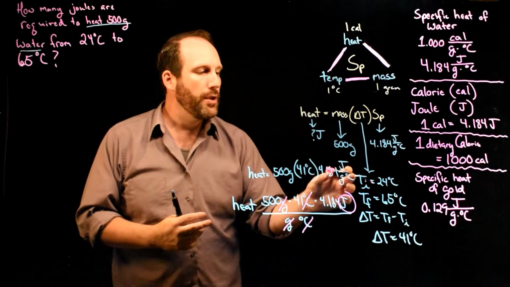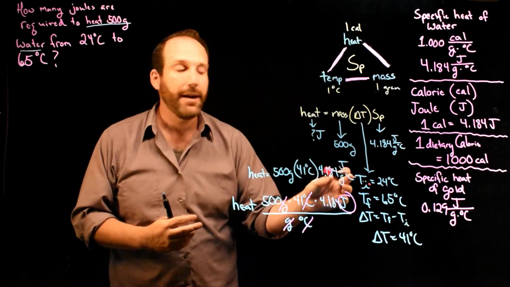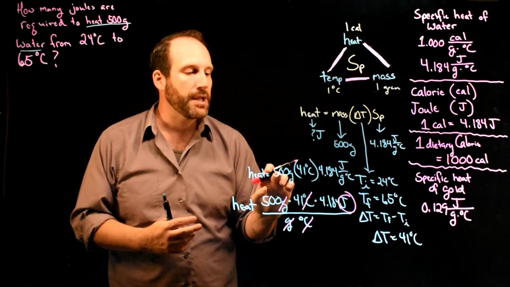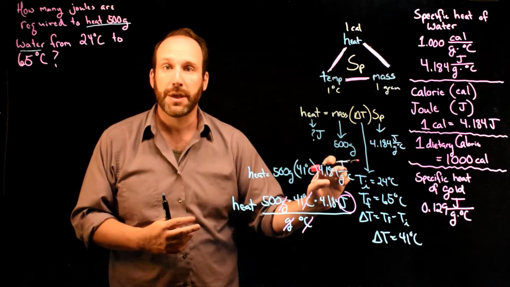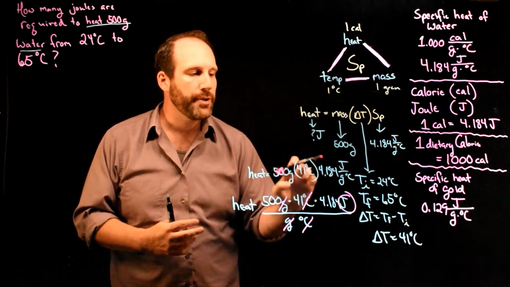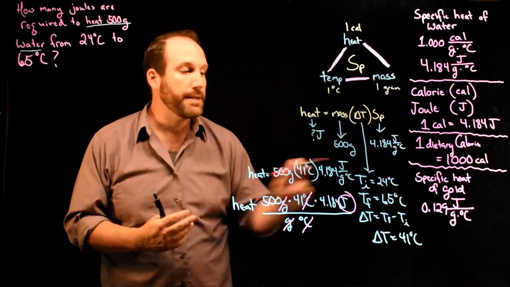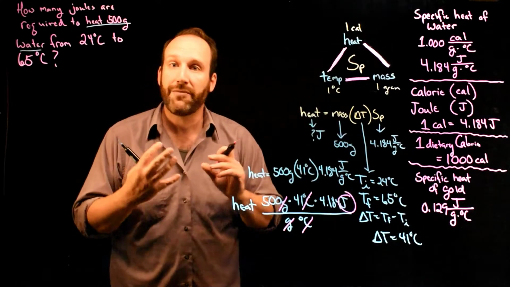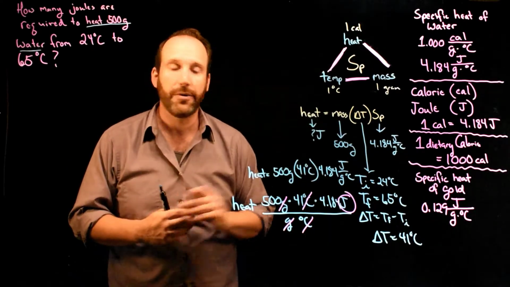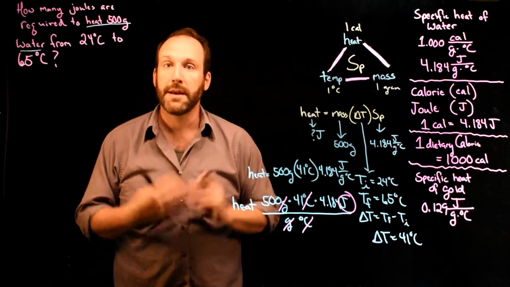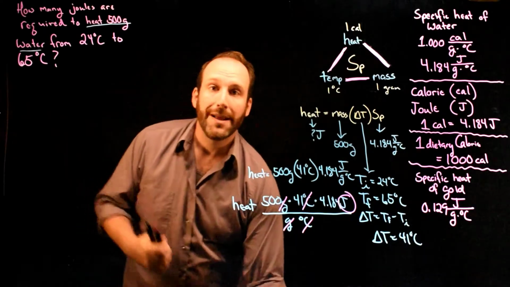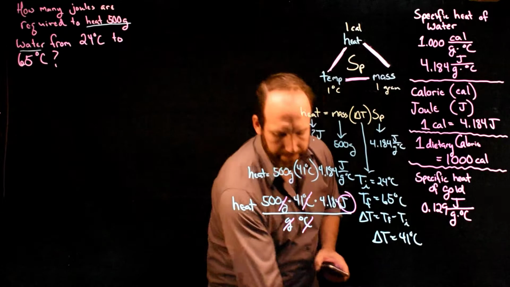So by using specific heat, right, we want to make sure that our mass is in the same units that show up in specific heat. We want to make sure that our temperature change shows up in the same units that we see in specific heat. And the reason for that is because those units will cancel out, leaving us only with the units for heat. All right? So let's do that math.